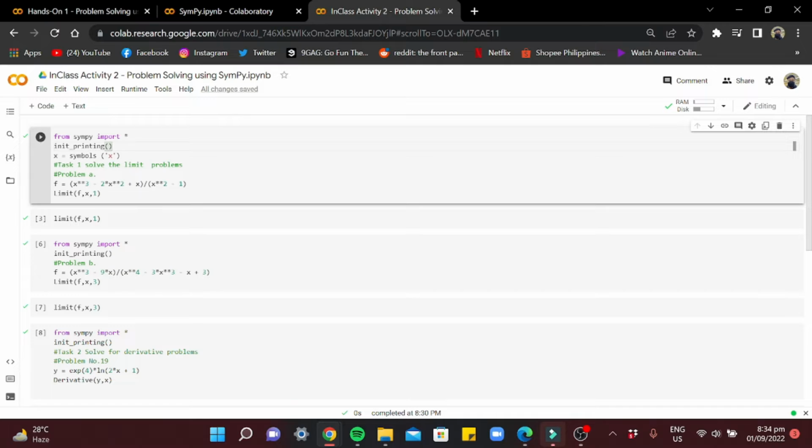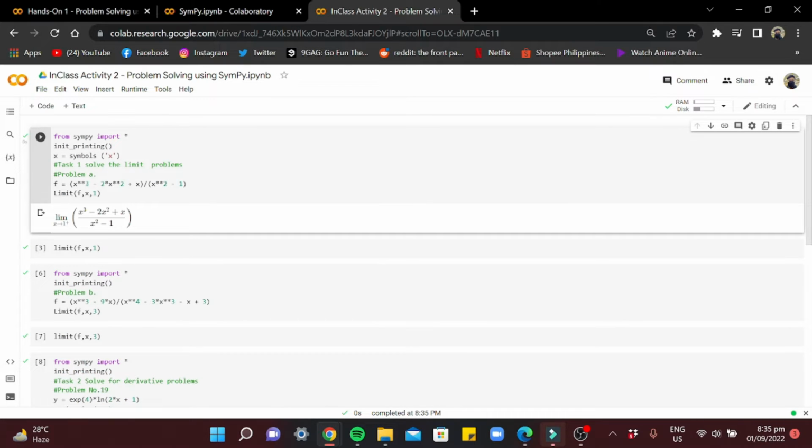If the given problem is x approaches 1, where f of x is x squared minus 2x raised to 2 plus x over x raised to 2 minus 1. If we run this code, the equation pops up as x approaches positive 1.